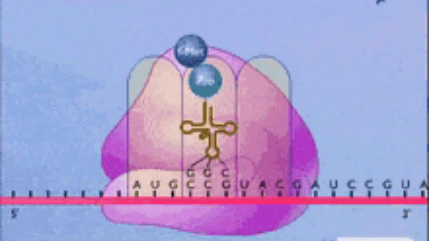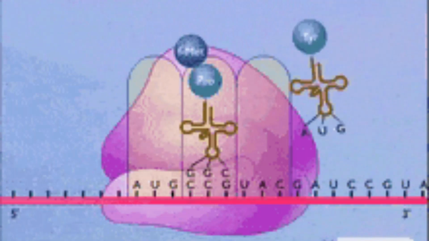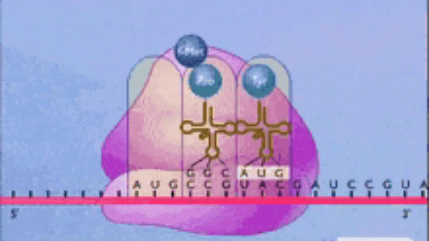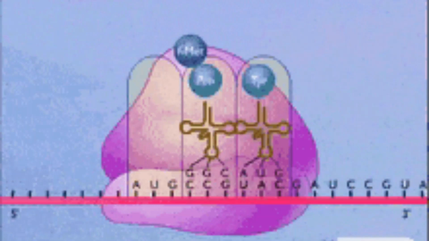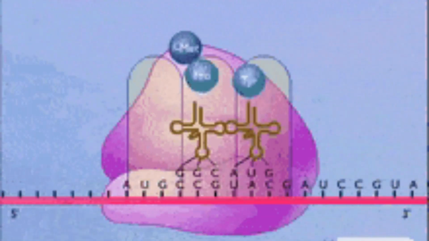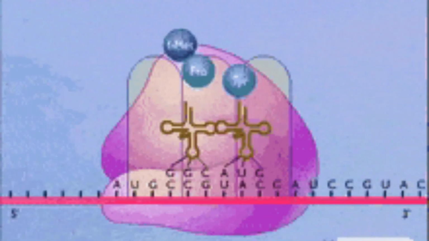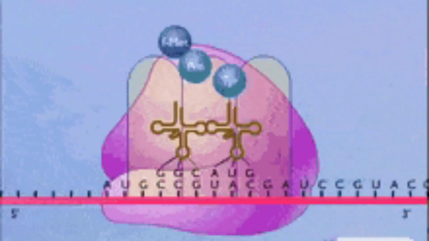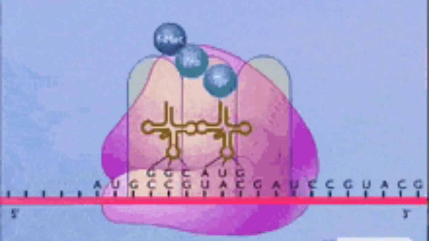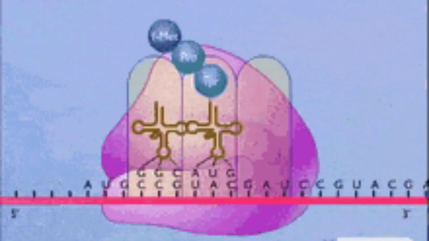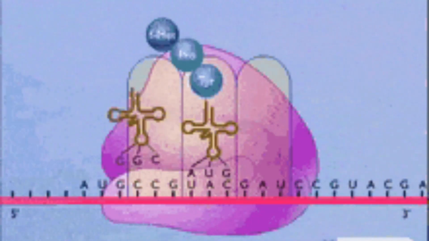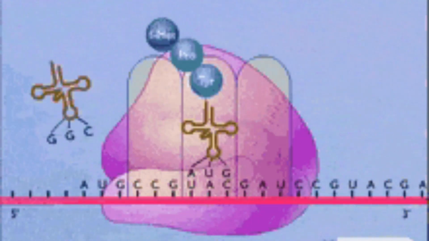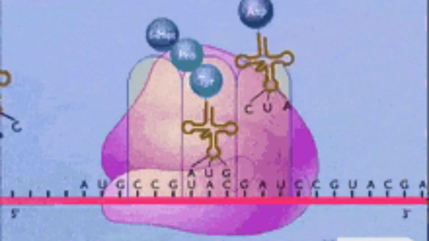The ribosome then advances a distance of 1 codon and the deacylated tRNA shifts to the E site and dissociates. Another tRNA carrying an amino acid attaches to the A site. This is followed by the binding of amino acid molecules. Repetition of the process leads to the formation of an amino acid chain.